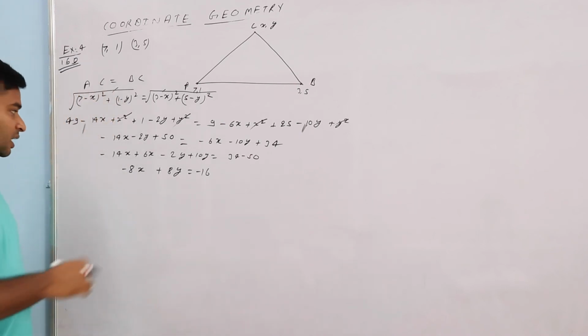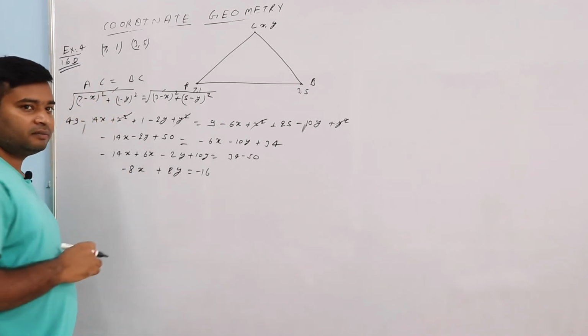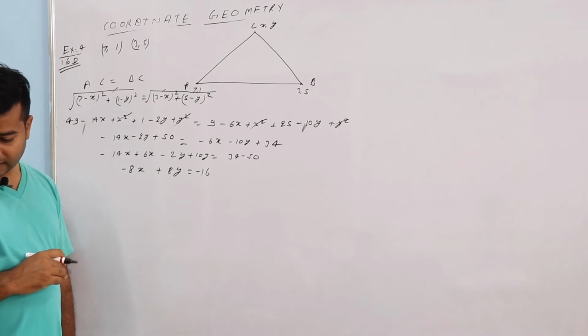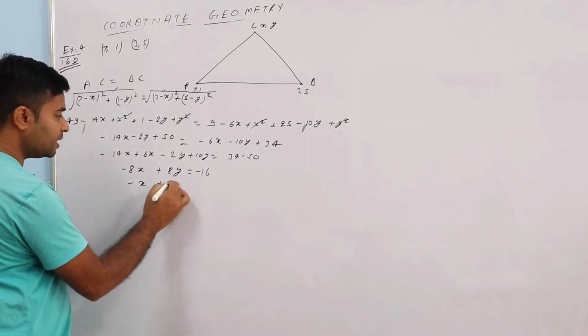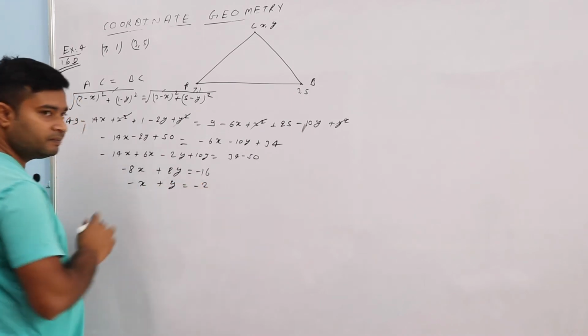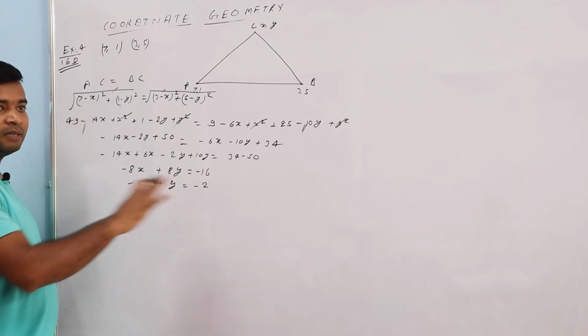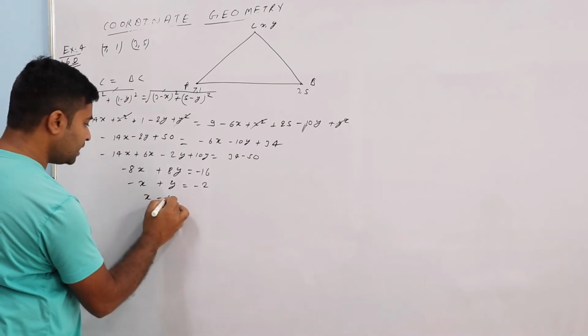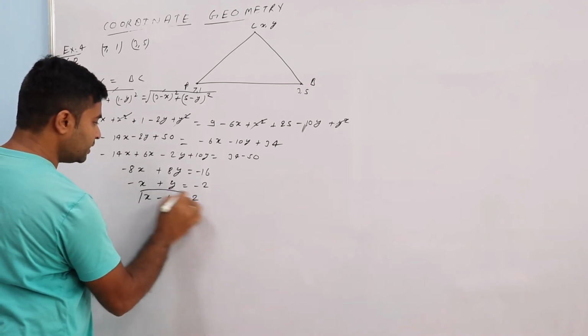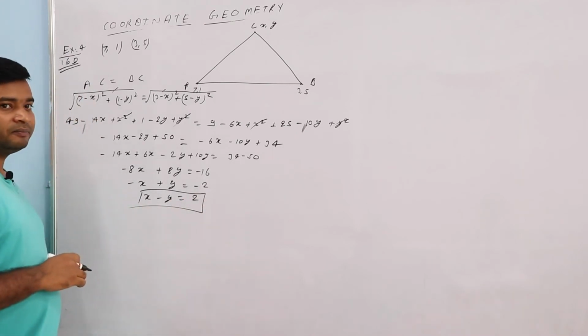Yes or no? See, all are multiples of 8. Can I take 8 out? So minus x plus y is equal to minus 2. Yes? Now multiplying both sides by minus, x minus y is equal to 2. This is how you get the relation between x and y. Getting?